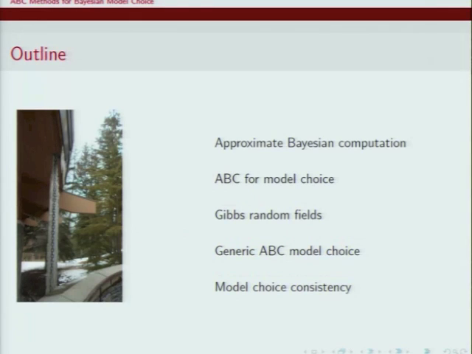So I'll just recall very quickly what approximate Bayesian computation is, and then go into the problem linking ABC and Bayesian model choice before completing the picture by trying to give some indications as to when we can use ABC for doing model choice. That is the latest results we obtained in this field.